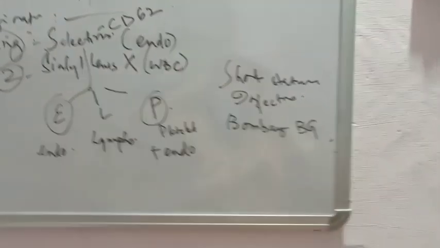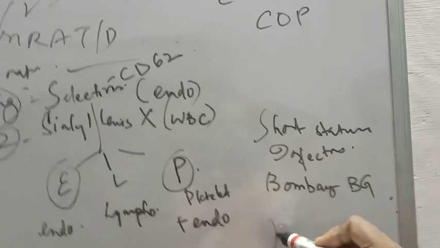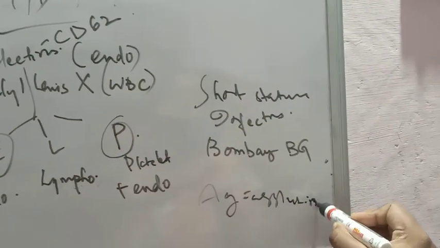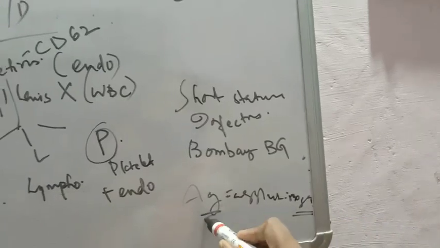Blood group is based on the antigens on the surface of RBC. That everyone knows. But remember that the other word for antigen is agglutinogen, and antibody is agglutinin. So, small things, remember.